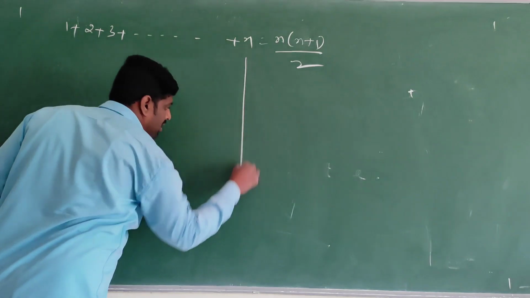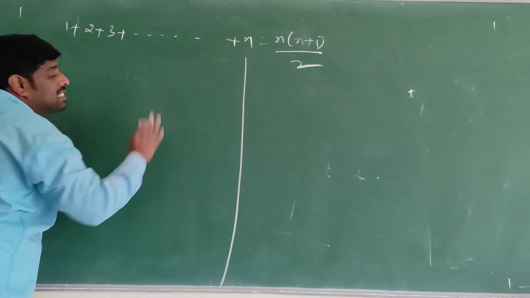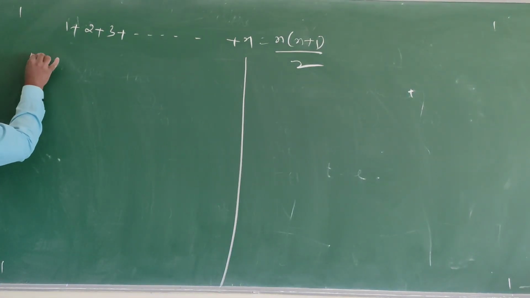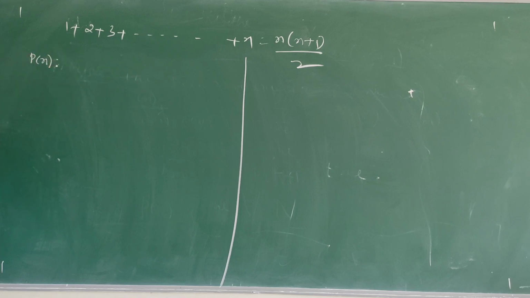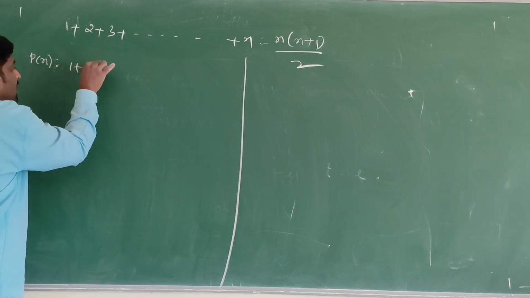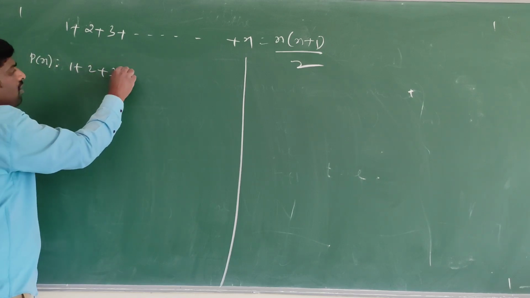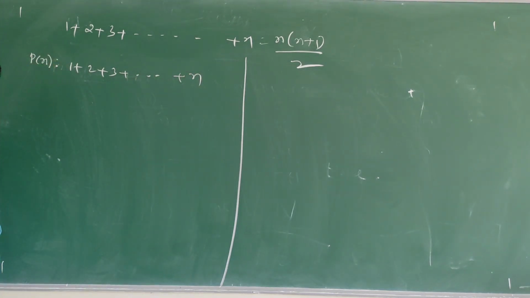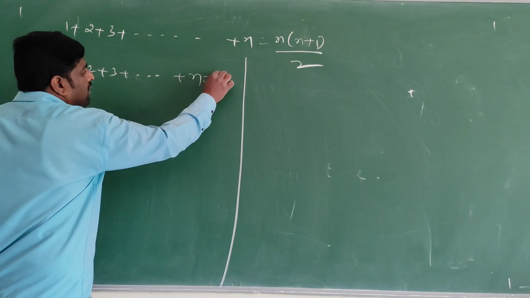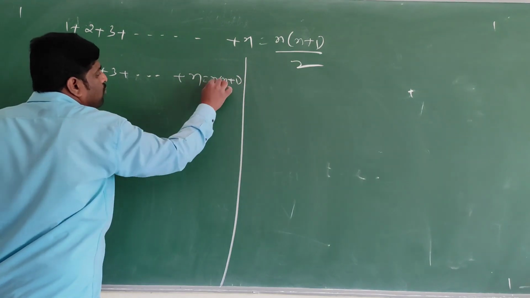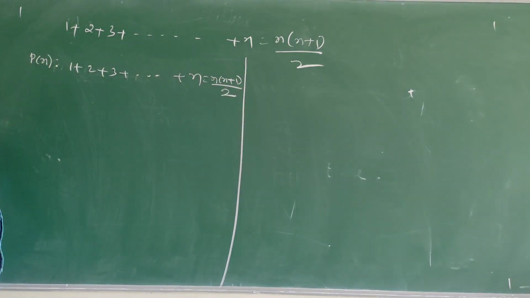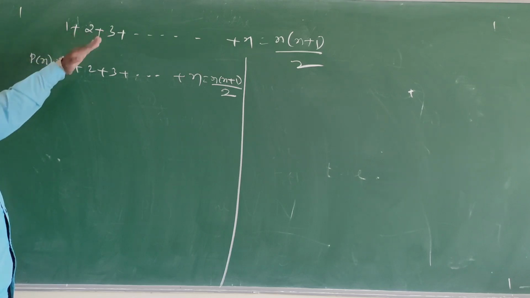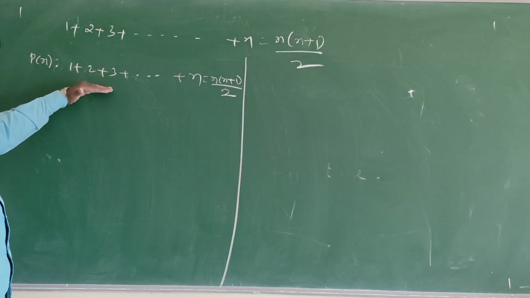Already I told, children, the given statement can be denoted as P of n. P of n equals 1 plus 2 plus 3 plus so on plus n equals n into n plus 1 divided by 2. The given statement can be represented as P of n.